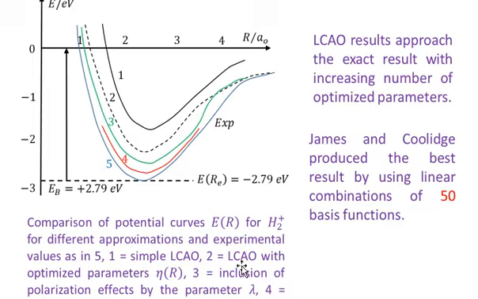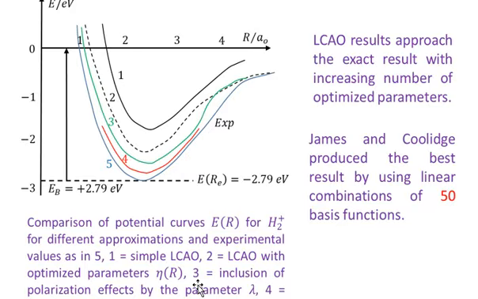Number 2 is the LCAO with the optimized parameter eta of R. The curve number 2, shown in a dashed dotted line, is obtained with the LCAO method and with the optimization of the eta of R parameter. It is relatively better than the curve given in 1, but still it is further away from the experimental calculations of curve number 5.